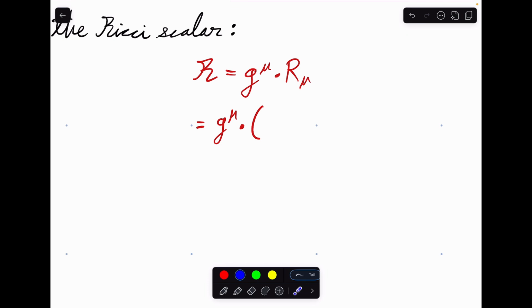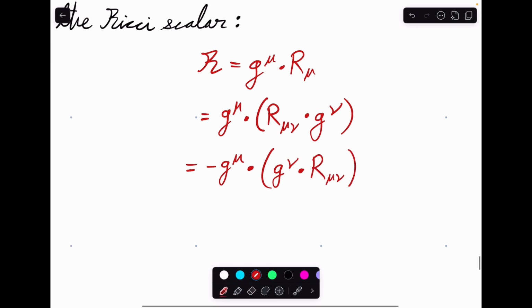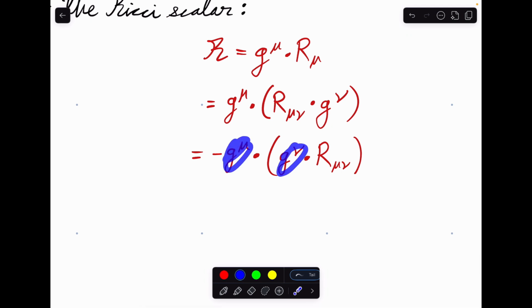But yes, we can also express this in terms of the Riemann bivector. So we then have to expand this out. So we get R mu nu dotted with G nu. And then we can use the fact that this is anti-commutative to bring this over like so. And then we can pull this out to have an outer product between these two. And then it'll be the inner product of two bivectors together. And because of the minus sign, this G nu is actually going to go out onto the left-hand side.